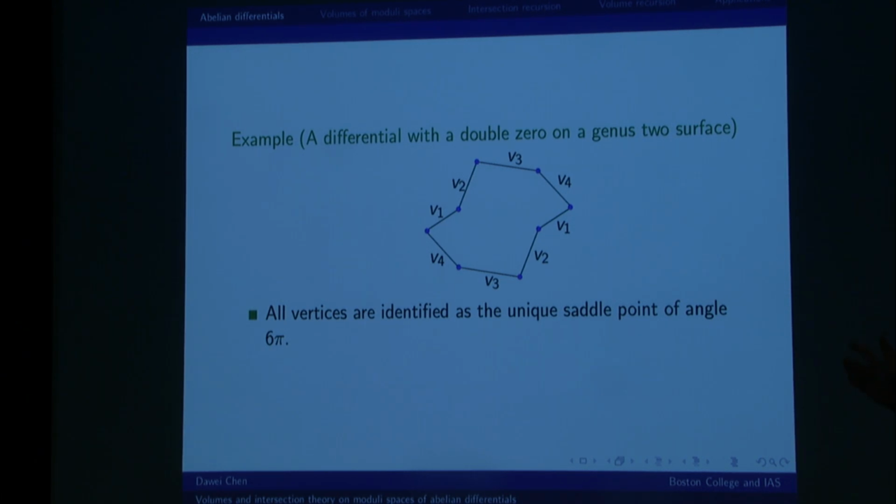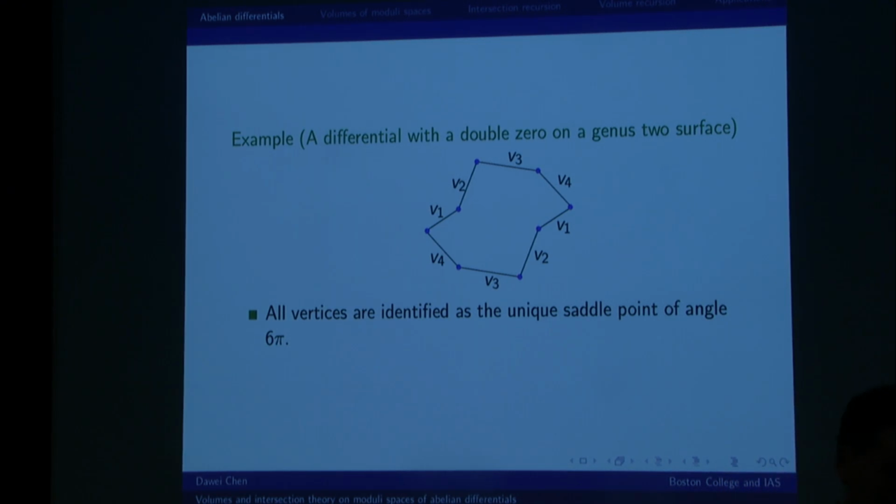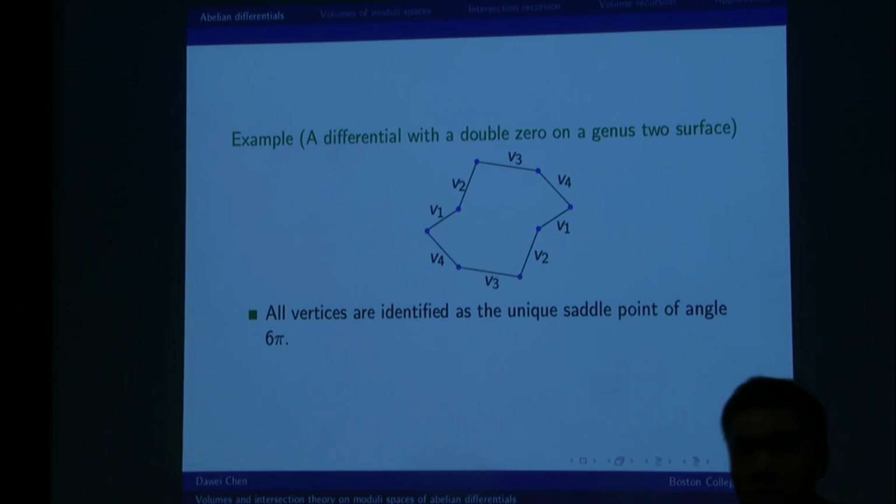For example, you may see a very thin and long polygon. However, you may just chop it off into many small pieces and then reglue. After regluing, under these translations, the new polygon looks almost like a regular polygon. But that means the underlying differentials are really the same, up to isomorphism. So, any other question?